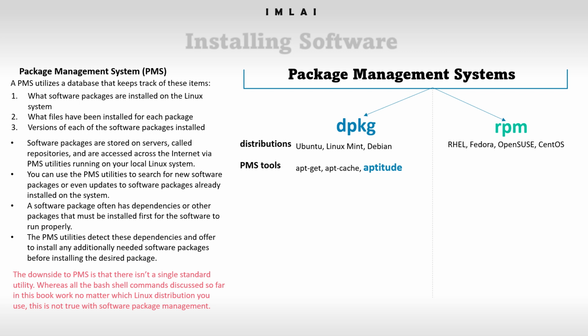By far the most common command line tool is aptitude, and for a good reason. The aptitude tool is essentially a front end for both the apt tools and dpkg. Whereas dpkg is a PMS tool, aptitude is a complete package management system.